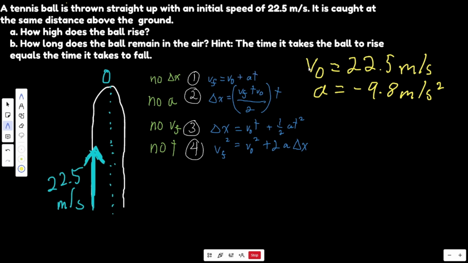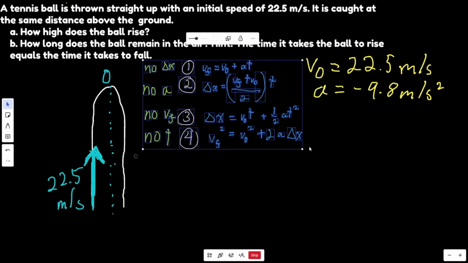So we're given our initial velocity, our acceleration, but we have no time. And we need to solve for delta x. How do we go about solving that if we're not given another variable as well? If you watched the in-depth video about kinematics and UAM, I mentioned that we need 3 values in order to solve for any of these values, or else we'll have two variables to work with.